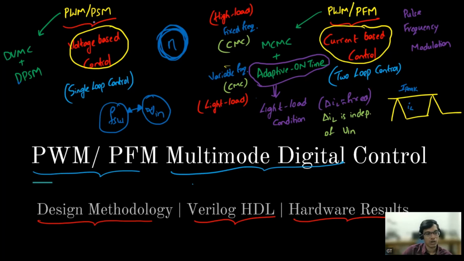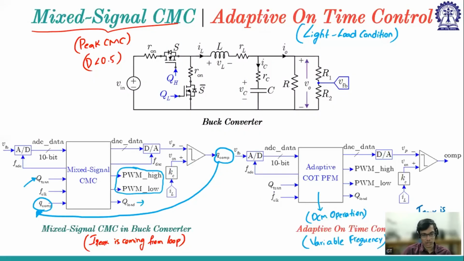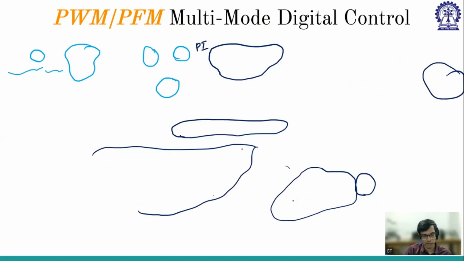Either you give that or you skip and give 0. So PSM is completely different from PFM. As I have shown in today's lecture also, the PSM control architecture and the adaptive on-time control architecture are completely different. This one is completely current mode, and that was voltage mode. This is variable frequency, that is fixed frequency.